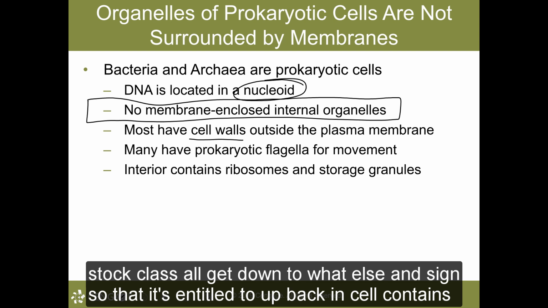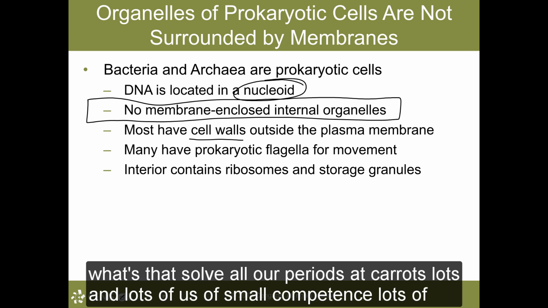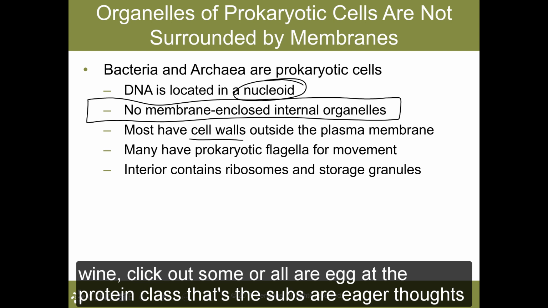Next up, I'll get down to what else is inside. The dense internal material of the bacterial cell contains ribosomes. Both prokaryotes and eukaryotes have ribosomes. Those are small complexes of ribonucleic acid, or rRNA, and protein that synthesize polypeptides.